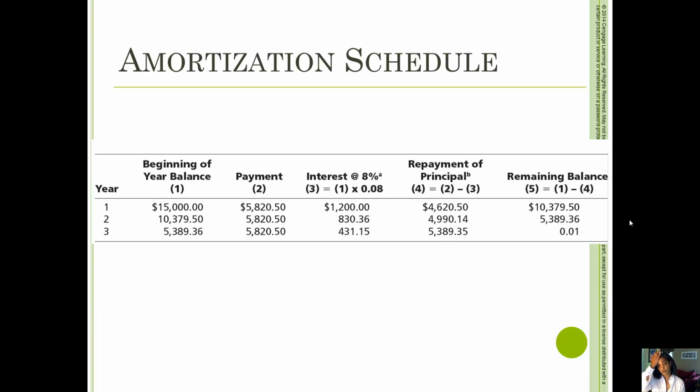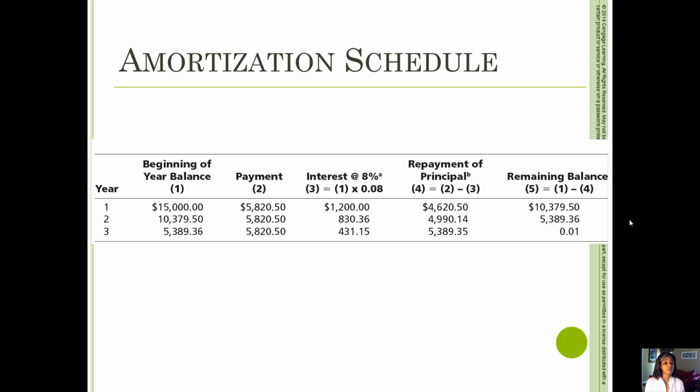So here's what our complete amortization schedule looks like. First column is the balance at the beginning of that period, and then we have our payment, so notice that the payments stay the same. And then we show how much of that payment is applied toward interest and how much is applied toward principal. And then when we subtract this out, we get the balance. So we start with $15,000, we have a payment of $5,820.50, and then our interest rate is 8%, so we apply 8% on that beginning balance and we get $1,200.